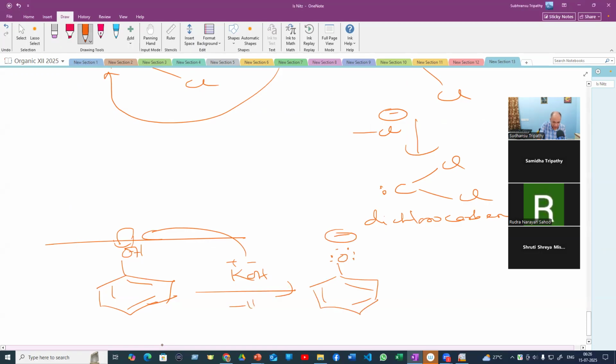So water is removed. Then see what happens. It reacts with the dichlorocarbene, which we have already shown how it is formed. When the attack happens, it attacks at the ortho carbon.